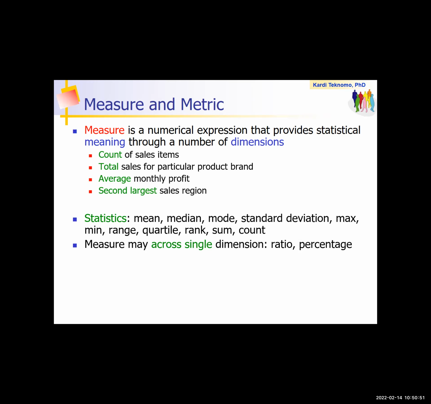Median is when you sort all these numbers and then you get the middle value. Mode is the most frequent. Standard deviation is the deviation, meaning the value minus the average, and then you square it, then you divide by the number of data, and then you take the square root.